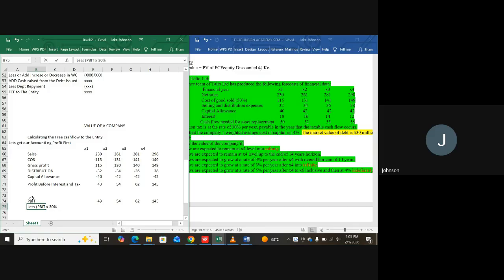So that's what the tax rate is going to be. We now say equal to our profit before interest and tax, which is this, times 30%.